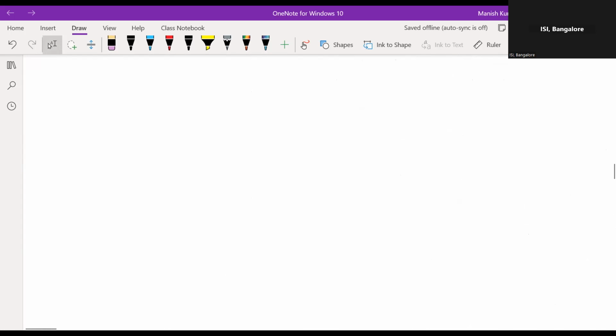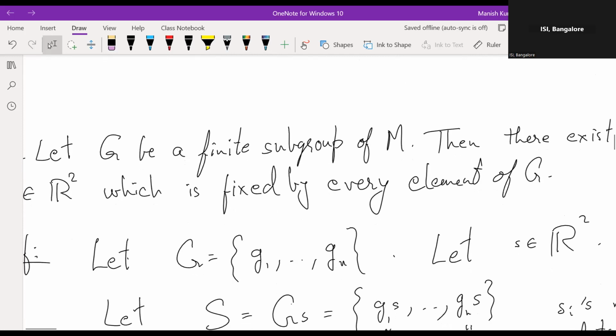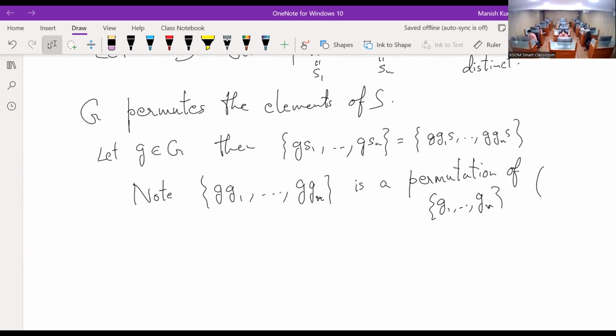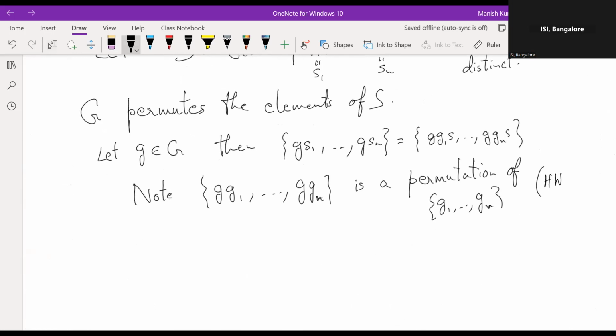It follows from the first principles of group theory. So maybe you can think of it as an exercise or homework. I'll think about it further too. So it is a permutation of G1 to Gn.